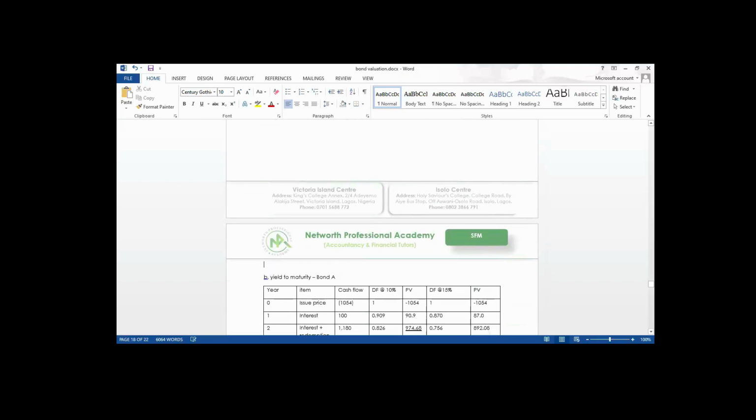Sorry, sir. I didn't get what you mean by yield to maturity. Don't know if you can just kindly recap. No, okay, that's fine. Yield to maturity.